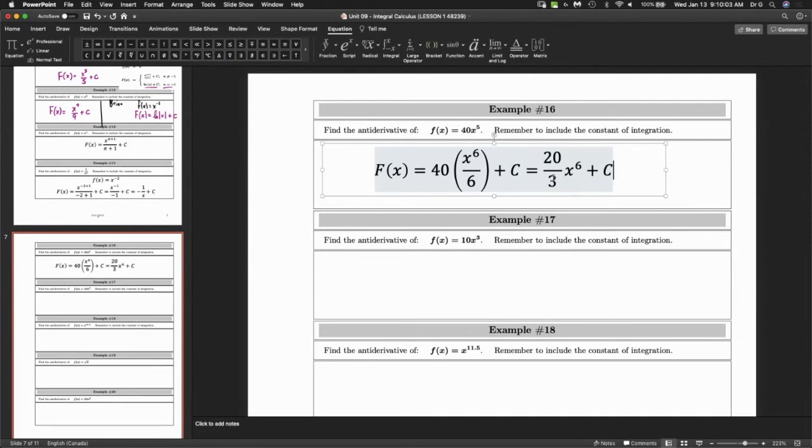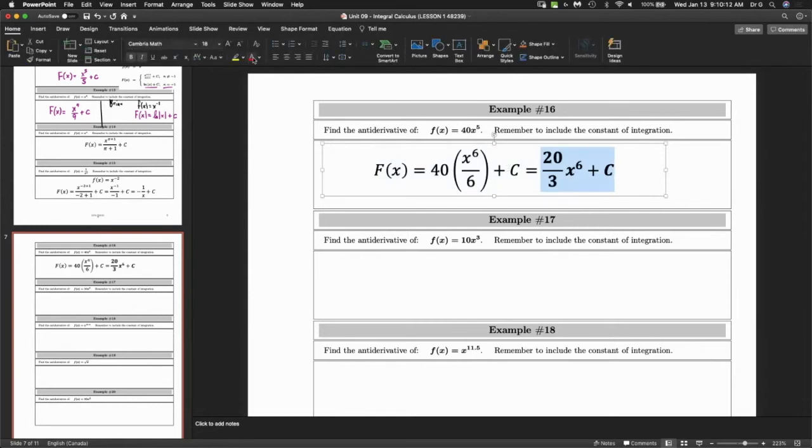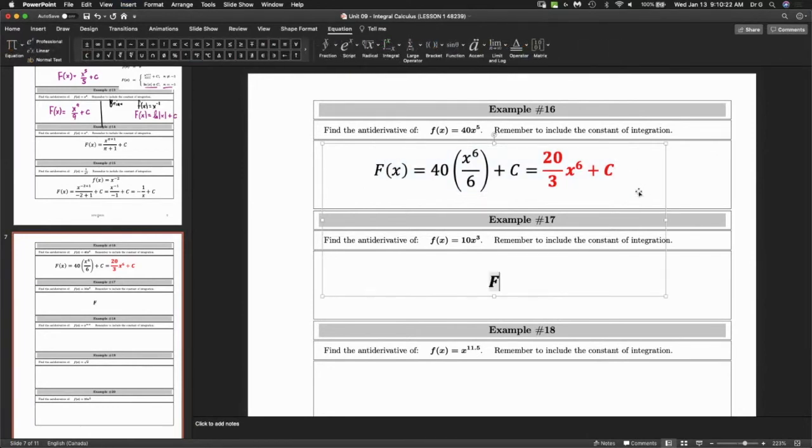But you could put the 3 underneath the x to the 6. I do expect you to reduce it, though. That's not negotiable, okay? Don't forget, you want to clean it up. You need to reduce that fraction. So we can apply this to the next few questions.